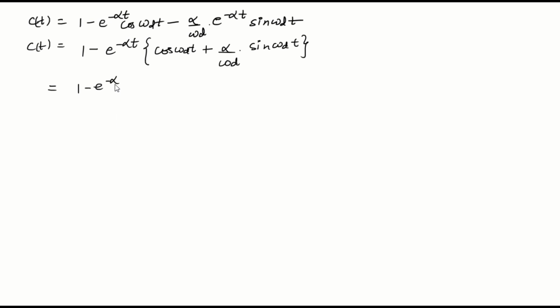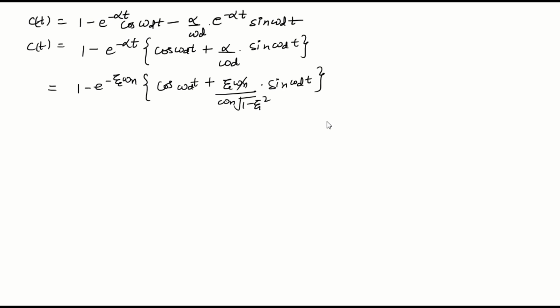Alpha, which we have assumed, is zeta omega n. So alpha was zeta omega n, cos omega d t plus zeta omega n divided by omega n square root 1 minus zeta square, which is omega d, and sine omega d t.